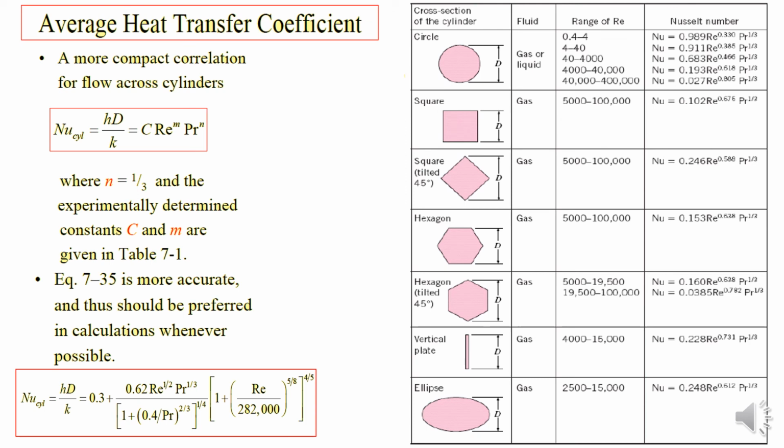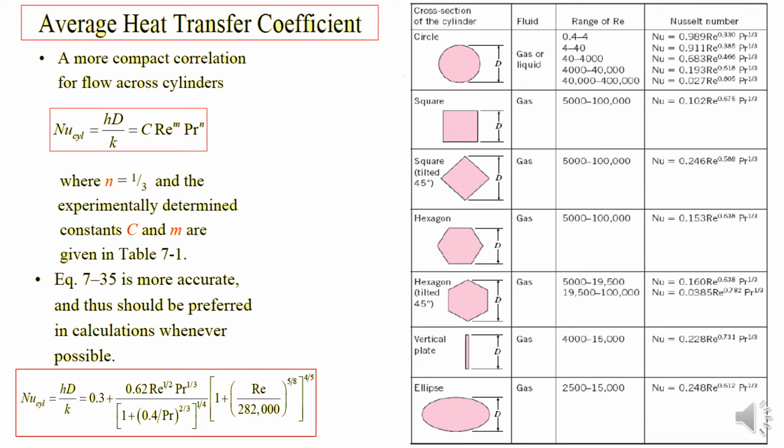In order to create a more compact correlation, we use this equation for the Nusselt number of a cylinder: Nu equals h D over k, where h is the convection heat transfer coefficient, D is the diameter of the cylinder, and k is the thermal conductivity of the fluid, equal to C times Reynolds number to the power of m, times Prandtl number to the power of n. Here n is equal to 1/3, and C and m are constants determined experimentally, given in Table 7.1.